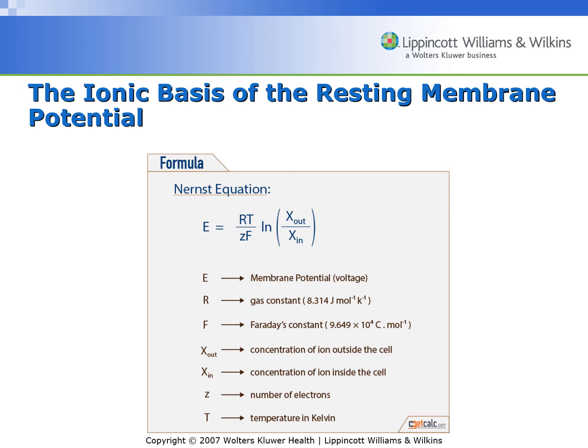So for instance, calcium would have a Z of 2, and sodium would have a Z of 1. And then it's based off the natural log of the ratio of the two concentrations, where X out is the concentration outside, and X in is the concentration inside.